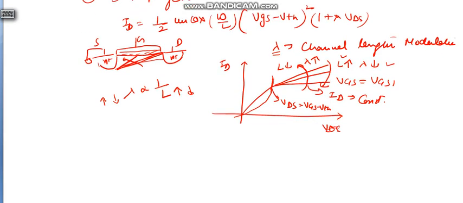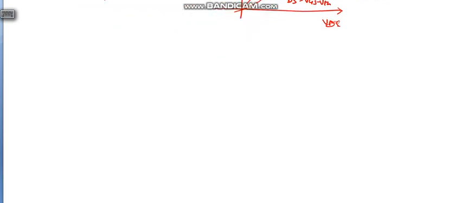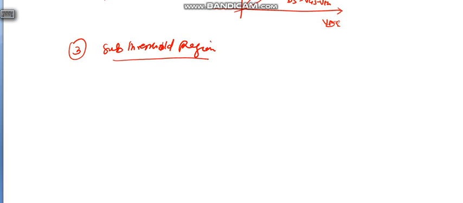Okay, so now let's see the third region of operation, subthreshold. For this region, VGS is less than VTH, the threshold voltage.